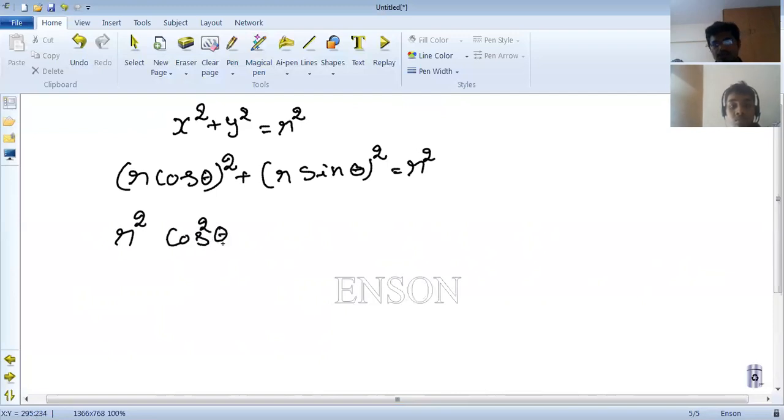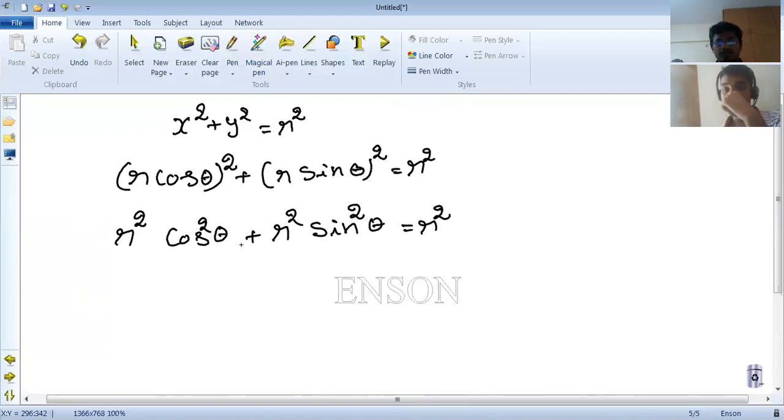So from the exponents you can write it as r squared cos squared theta. It's not cos theta squared, it's cos squared theta. This is different and this is different. So we always represent the square value for the cosine or sine functions, not for the theta. So you can write it as r squared cos squared theta plus r squared sine squared theta is equal to r squared.